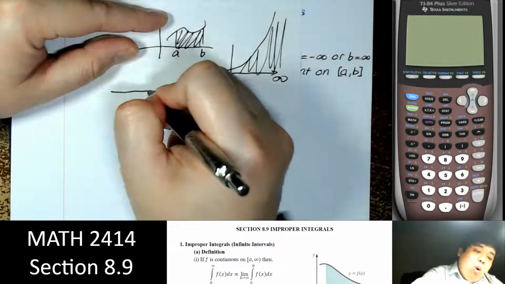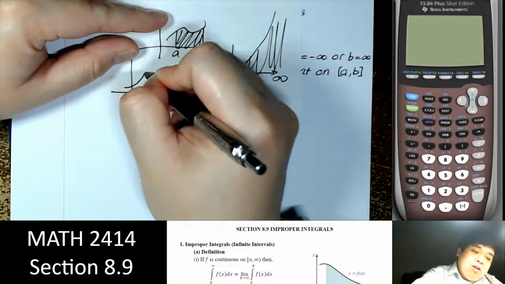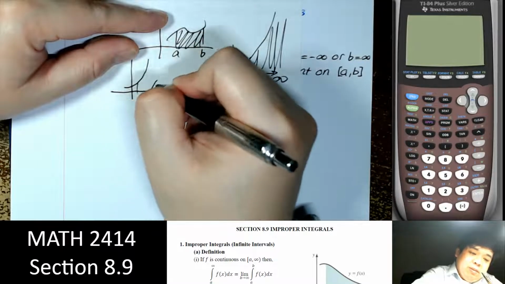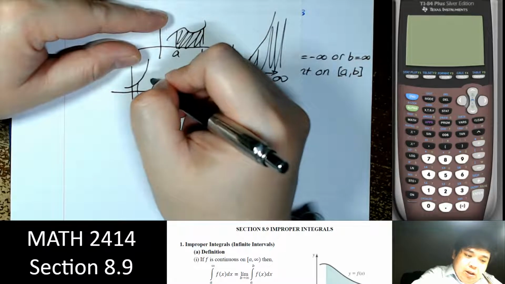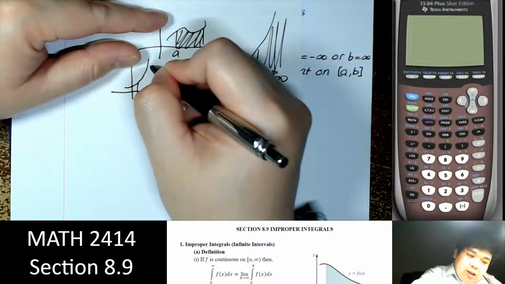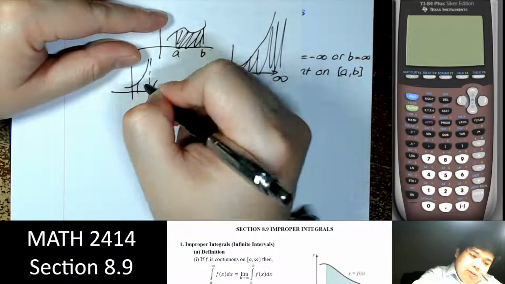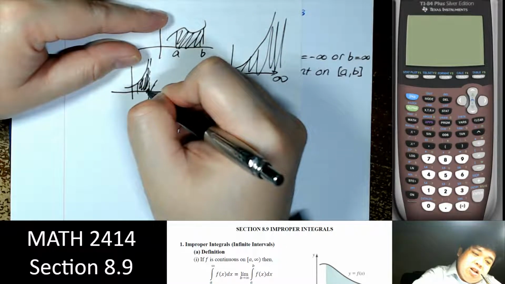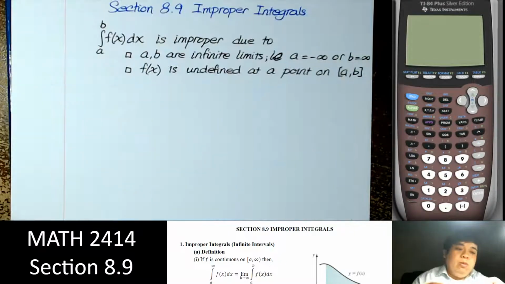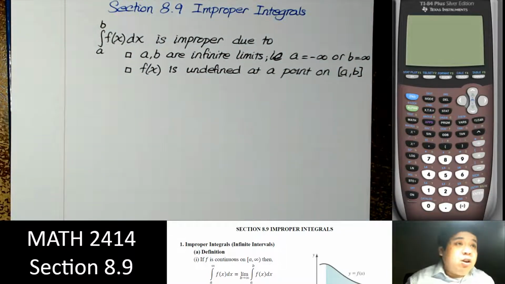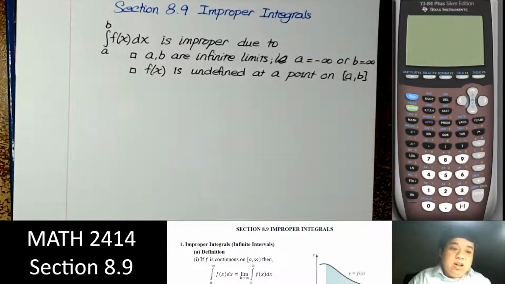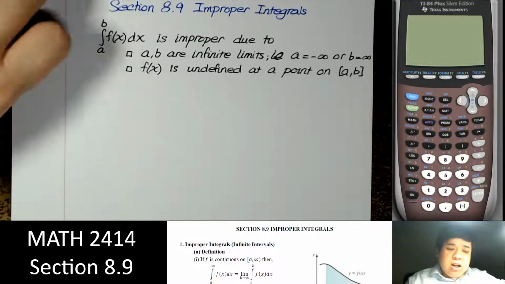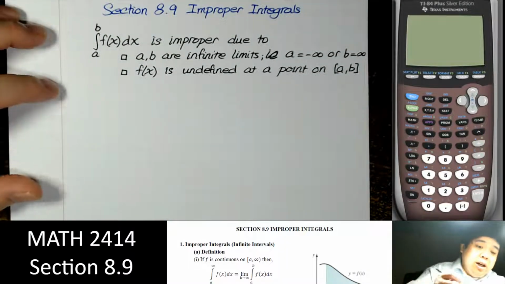Either that, or we might have the case where the function is undefined, and we're trying to find the area where the function is undefined. So, two things make this improper. The first one is because of the infinite intervals, one of the endpoints is infinity. And the second is where the function is undefined at any point in the middle.